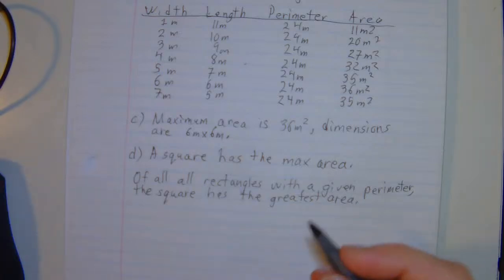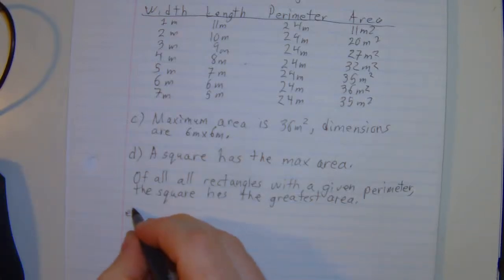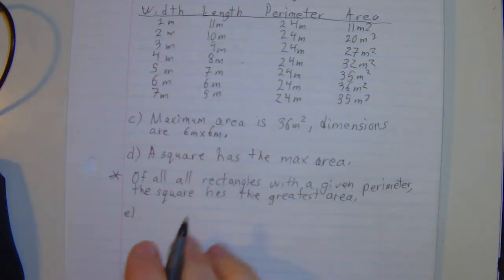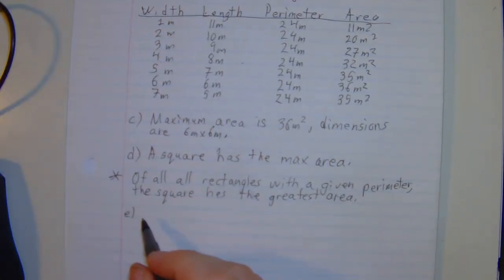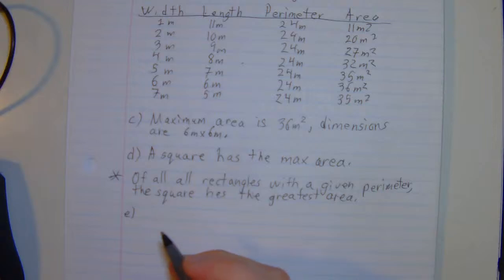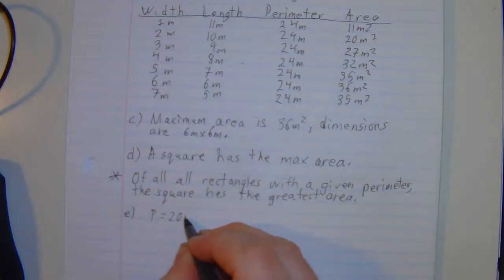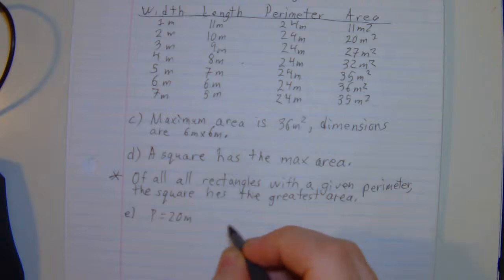So question E, let's maybe put a star there because that's the most important thing we've learned so far. Question E is asking us, can we figure out a method for calculating the maximum area of a rectangle given its perimeter? So for example, if I told you the perimeter is 20 meters, what is the maximum area?